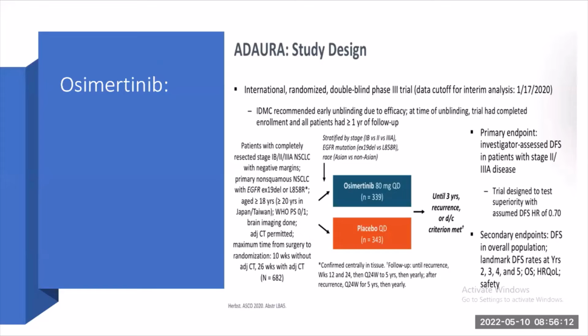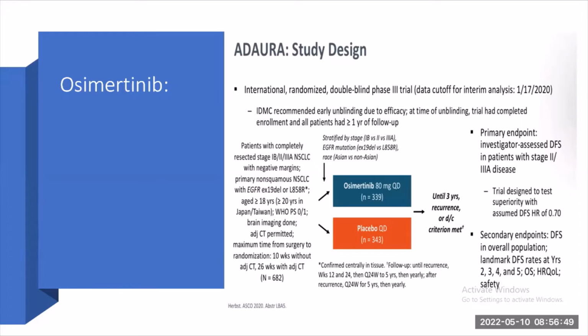But recently, osimertinib was used in the adjuvant setting in early lung cancer in the form of the ADAURA trial, which is an international randomized double-blind phase 3 trial. It included patients with completely resected stage 1B, 2, or 3A non-small cell lung cancer with negative margins, primary non-squamous, with EGFR exon 19 deletion or L858R mutation, age more than 18 years, and WHO PS of 0 to 1.